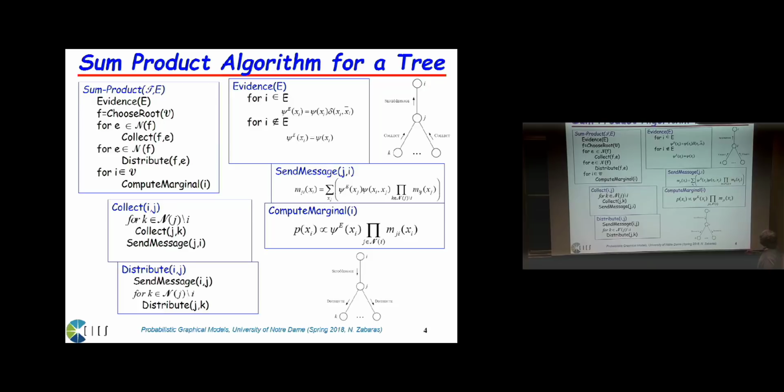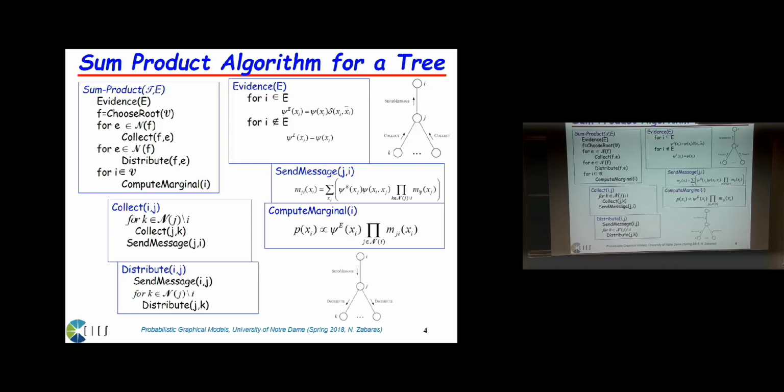You have to introduce the evidence, and the way you do this is by modifying the node potentials. If xi is fixed somewhere, and you already have a potential psi(xi), you multiply by a delta function to force xi to take this value xi bar. Even if you don't have these self-potentials, this is still useful to impose evidence in your graph.